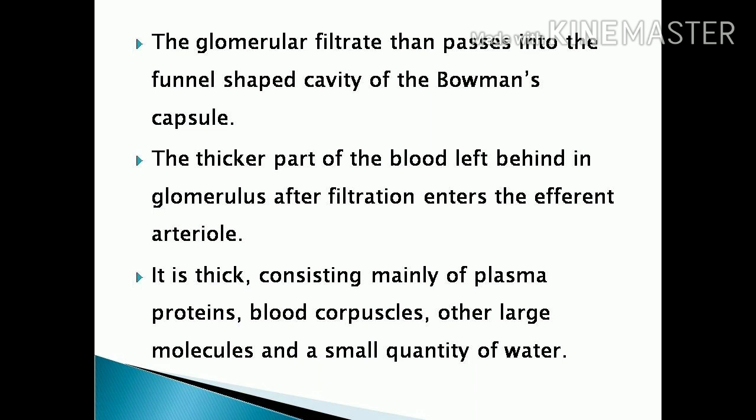That's why the content left behind in the glomerulus after ultrafiltration is very thick. And this thick part then enters the efferent arteriole, and this blood proceeds away from the glomerulus and is very thick.